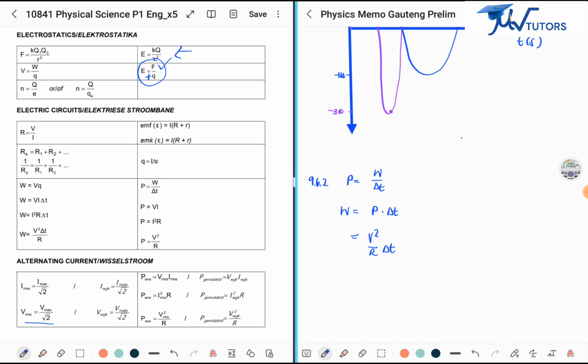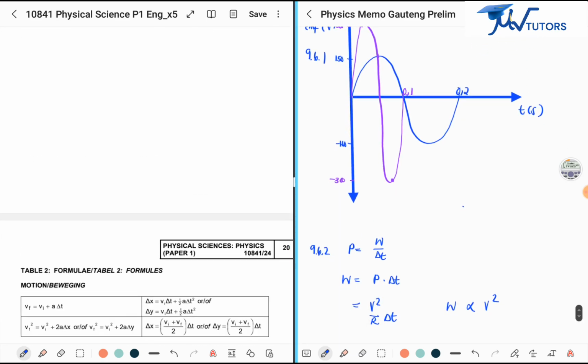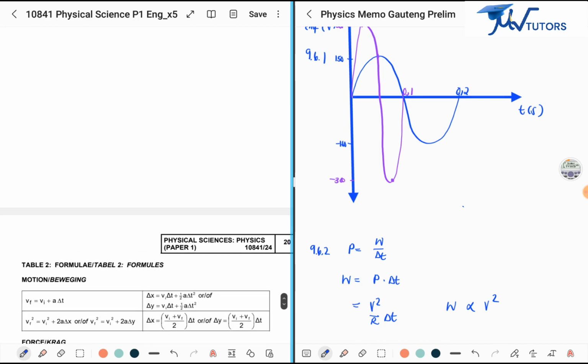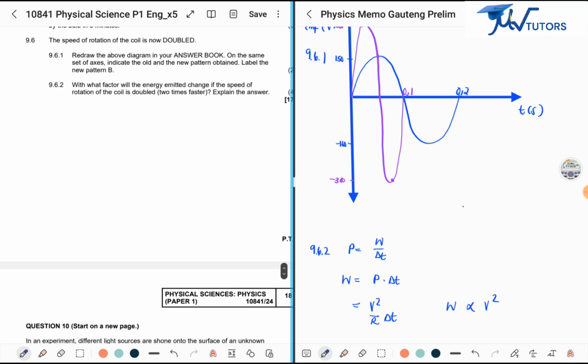So what am I trying to get at here? In this case the work is directly proportional to V squared. Looking at my graph over here, the EMF has doubled.